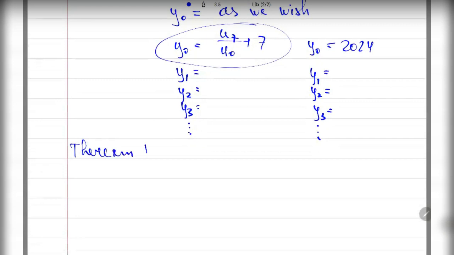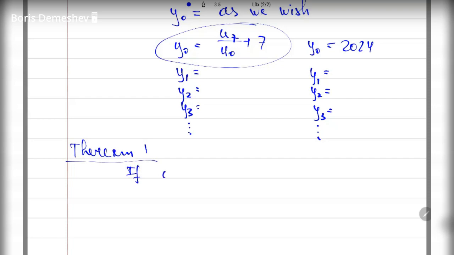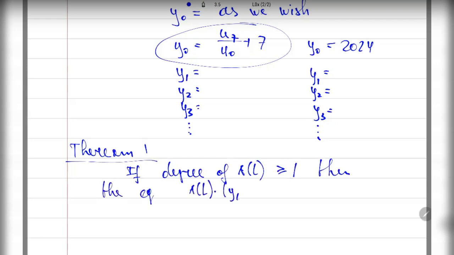Theorem 1, that's very easy. If the degree of A of L is bigger than 1, then the equation A of L times (yt minus mu) is equal to M of L times ut has infinitely many solutions.